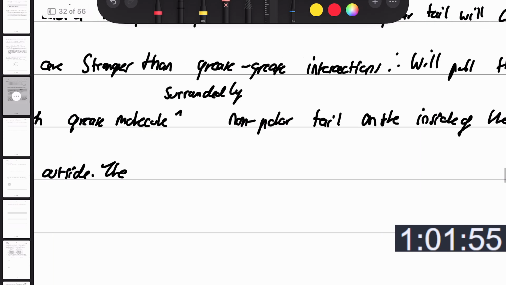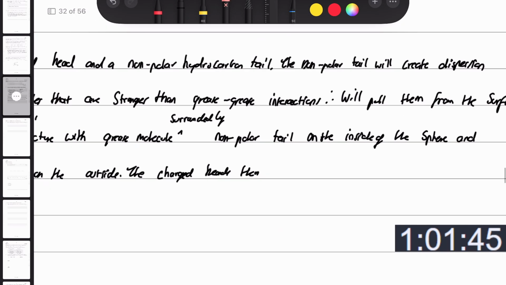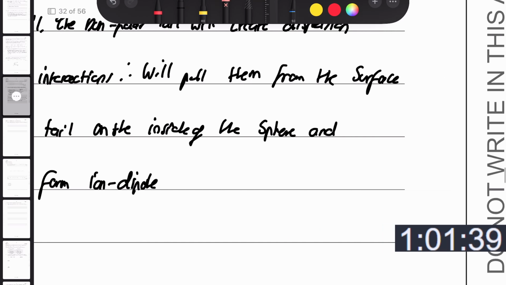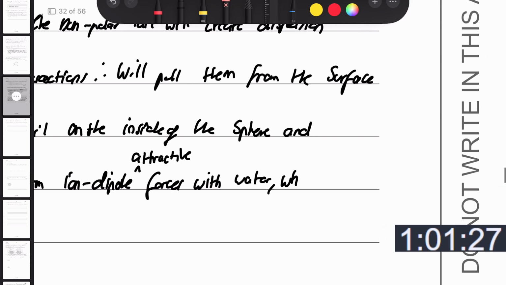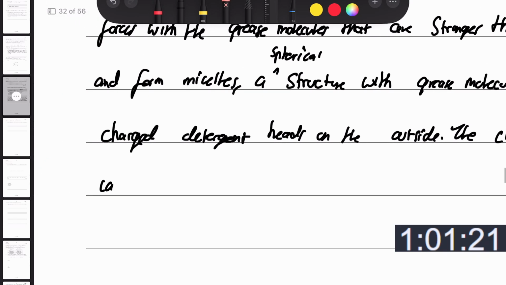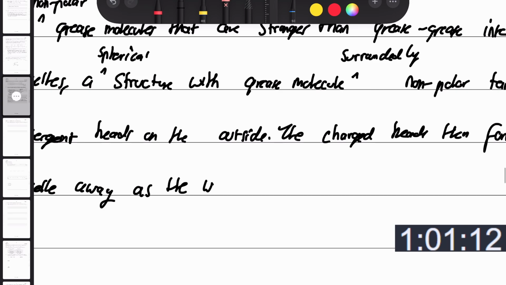The charged heads then form ion dipole forces with water, attractive, which will carry the micelle away as the water flows past.